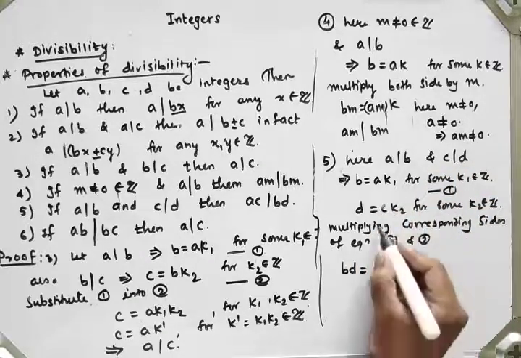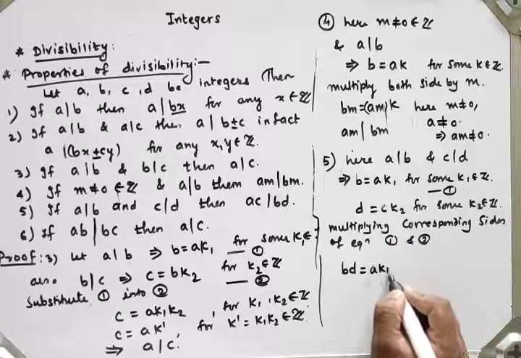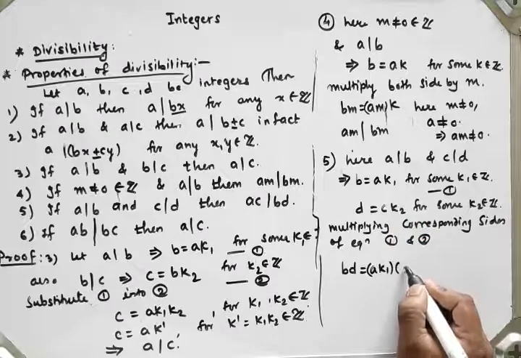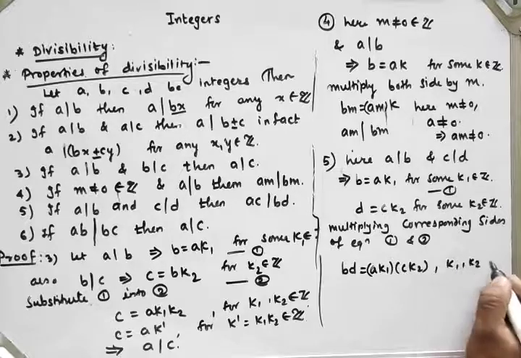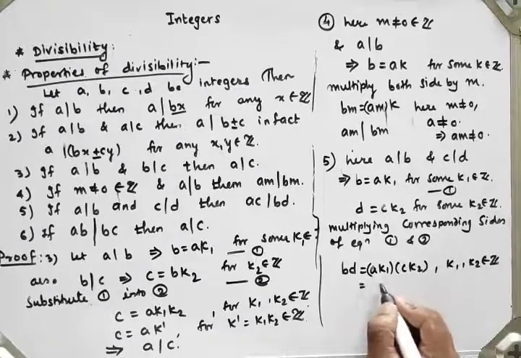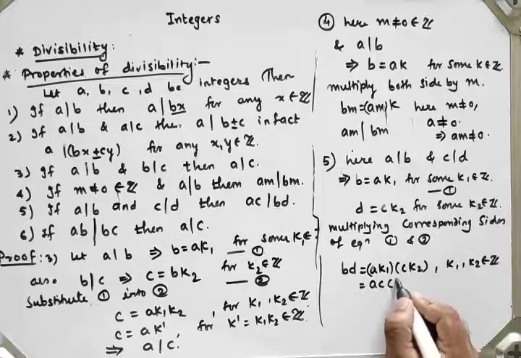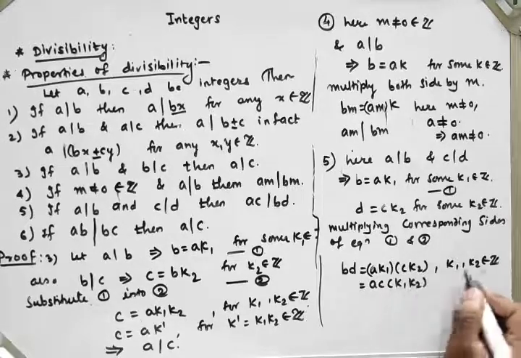So I will write a into k1 into c into k2, which is a into c into k1 k2, where k1 and k2 belong to the set of integers.